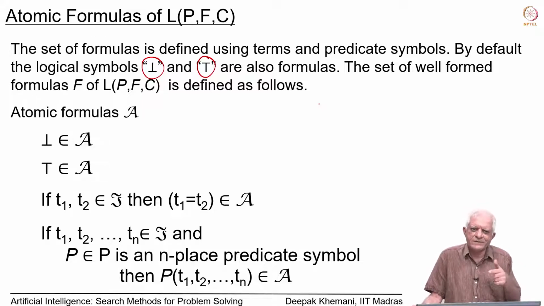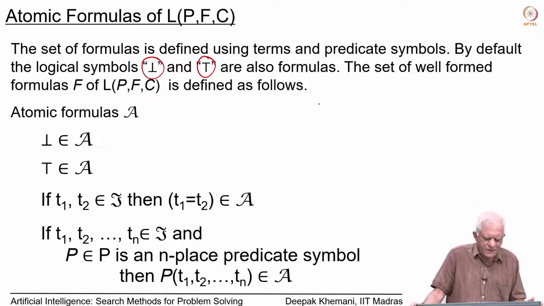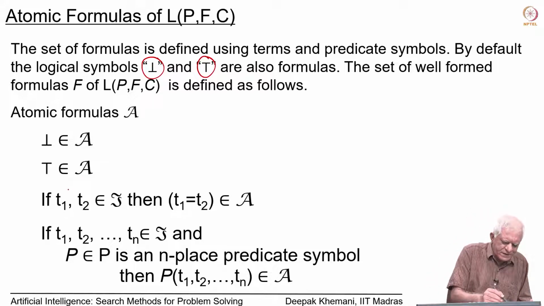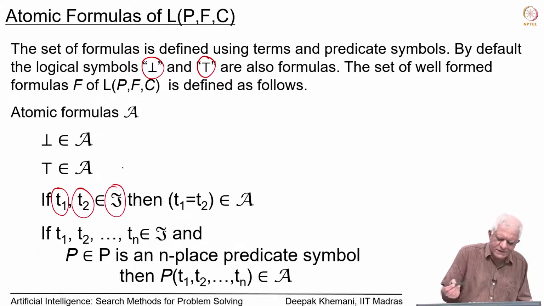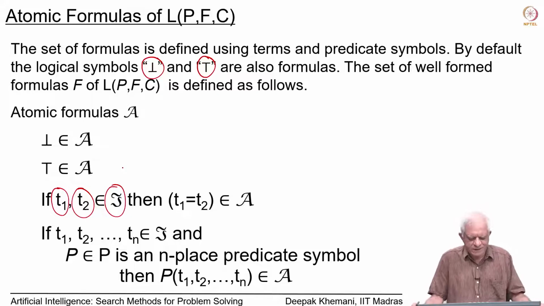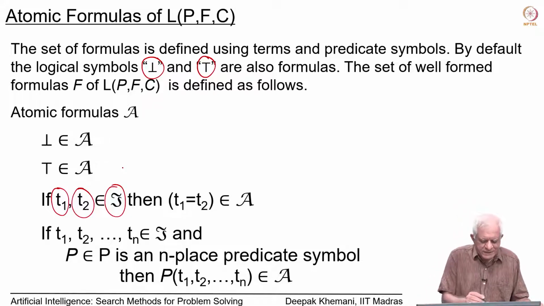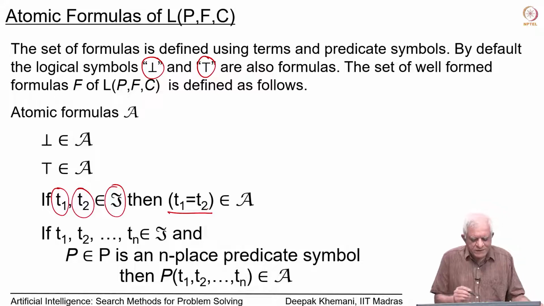So, sum of 2 and 5 for example denotes a term. So, a term is basically an element of the domain. So, if there are two elements T1 and T2 and they belong to the set of terms, which we have not defined, but I have done it very informally here because we are rushing through this whole thing, then this expression T1 equal to T2 is an atomic formula.